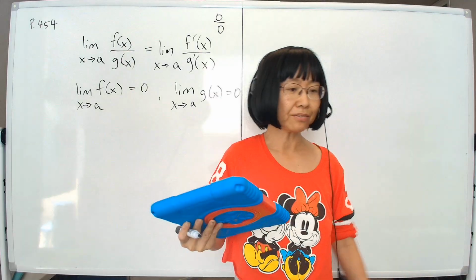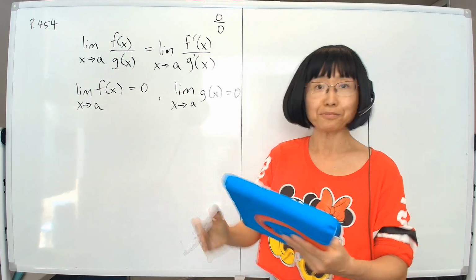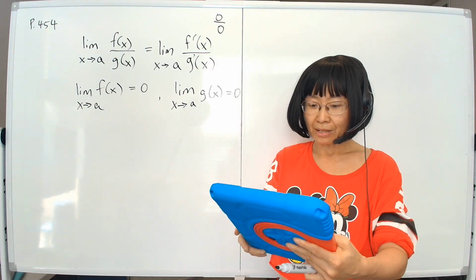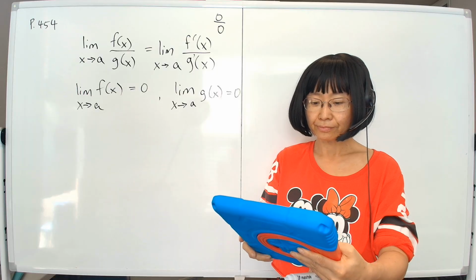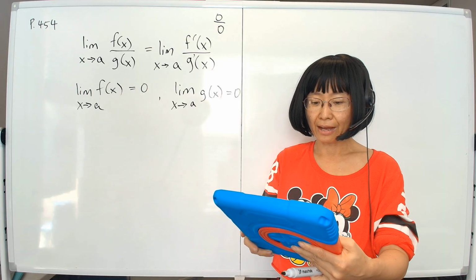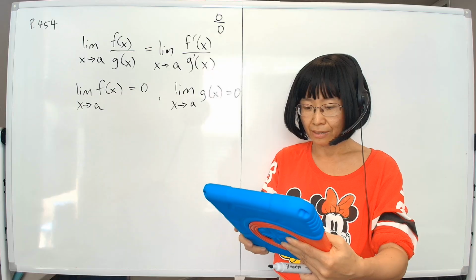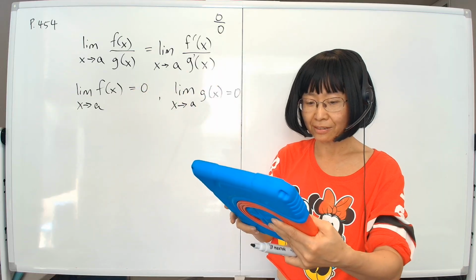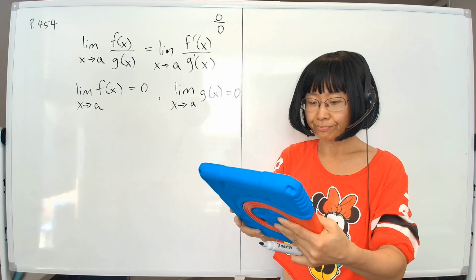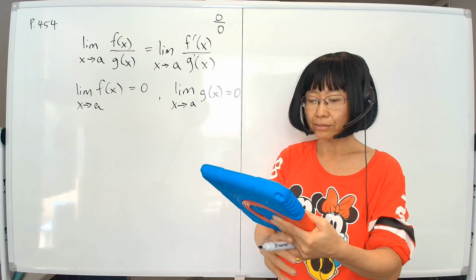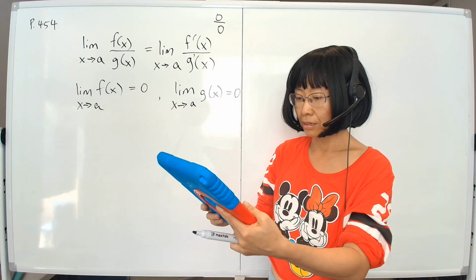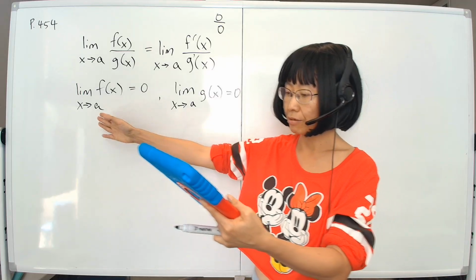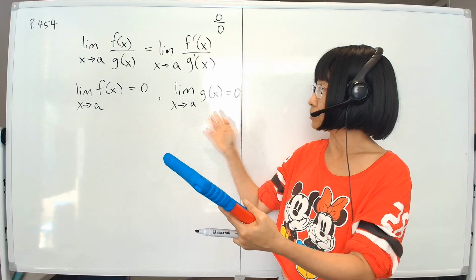Now the first thing we want to do about L'Hopital's rule is prove it. Okay, so let's look at the bottom of the proof. For the proof, we have to assume that all these functions are continuous over some open interval, and we also assume that the limits are equal to 0.